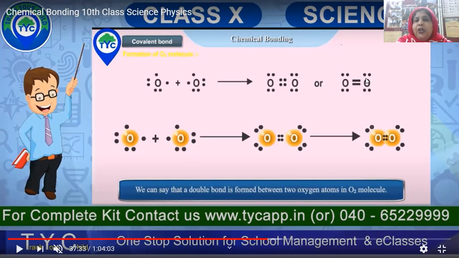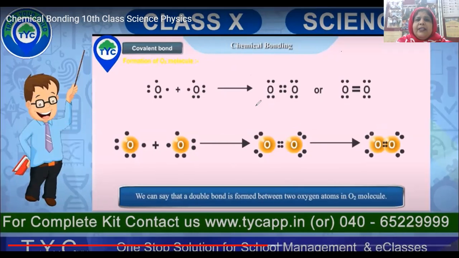You can represent it either this way or both ways. In the exams, if it is asked, if you represent the bond like this, it is also correct. Or if you represent it like this, even this is correct.